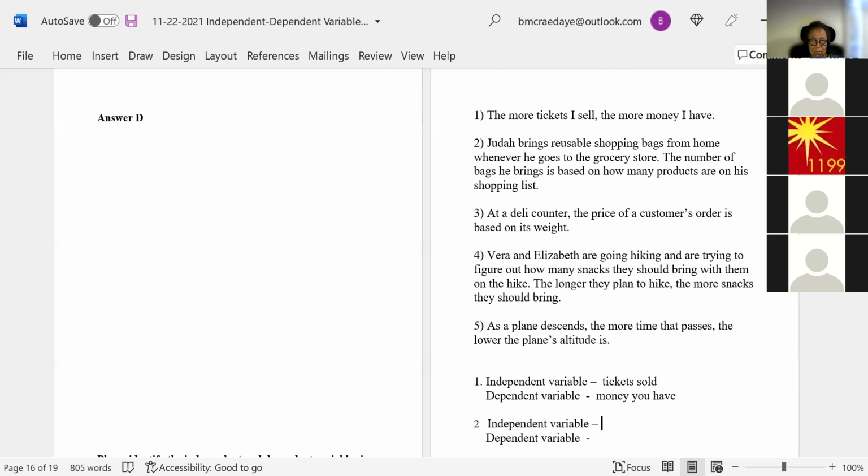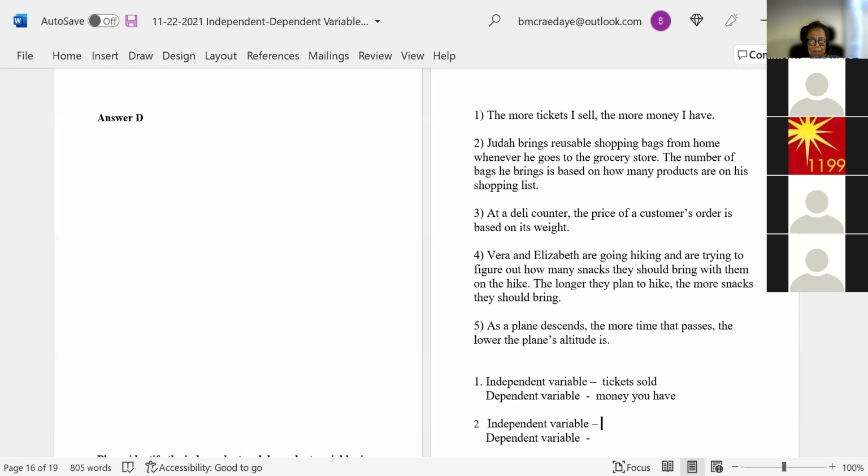One is the number of bags. How do you determine how many reusable shopping bags you take to the grocery store? What determines how many bags you take? The amount of things you buy. Yeah, the products on your shopping list.